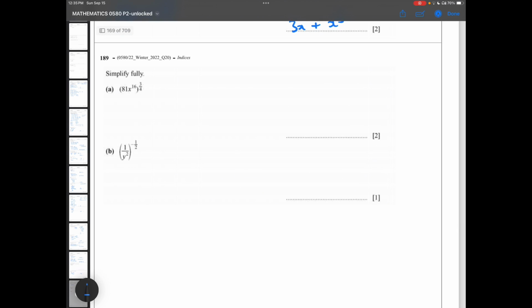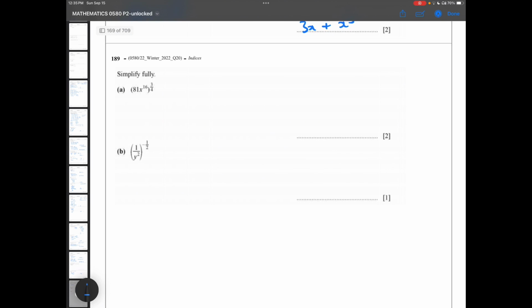In question number 189, it says 81 x to the power 16 whole to the power 3 upon 4. So this 3 upon 4 power is applied on both 81 and x to the power 16.